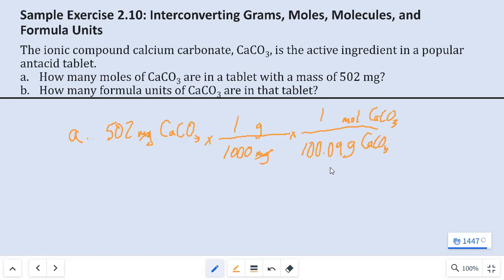Since the periodic table usually gives us several sig figs, we want to make sure that the measurements are dictating sig figs, not something that's precisely known, like the mass of an atom. So 502 divided by 1,000 divided by 100.09 to 3 significant figures would give us 5.02 times 10 to the negative 3rd moles of calcium carbonate.